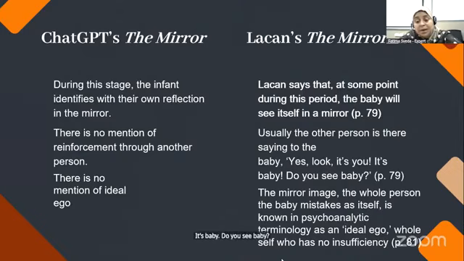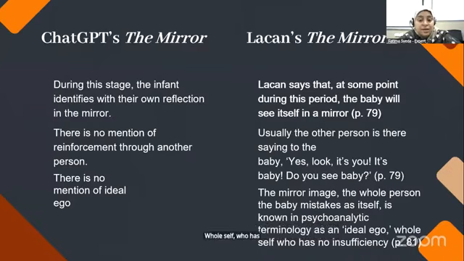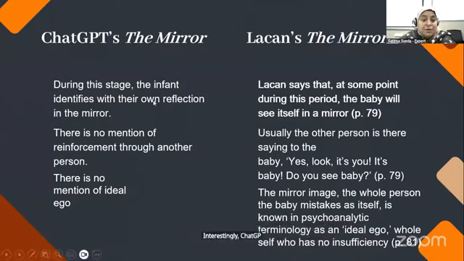So the mirror image, the whole person, the baby mistakes as itself, is known in psychoanalytic terminology as an ideal ego, whole self who has no insufficiency. So ego, id, and ideal ego, these are the major aspects that Lacan focuses upon. Interestingly, ChatGPT, while talking about the mirror stage, does not even mention the ideal ego, which is an important concept.